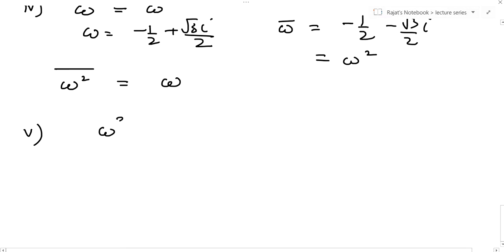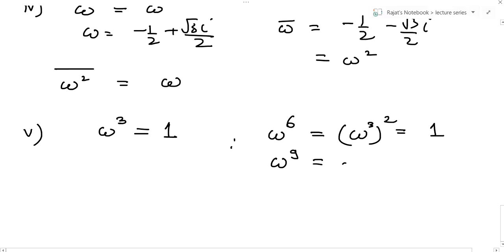If you remember, I told you omega cube is equal to 1. What if I ask you what will be omega to the power 6? It's very simple. Omega to the power 6 is nothing but omega cube whole square, and omega cube is equal to 1, so 1 square is again 1.